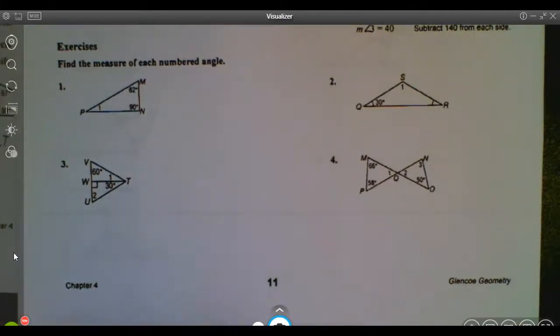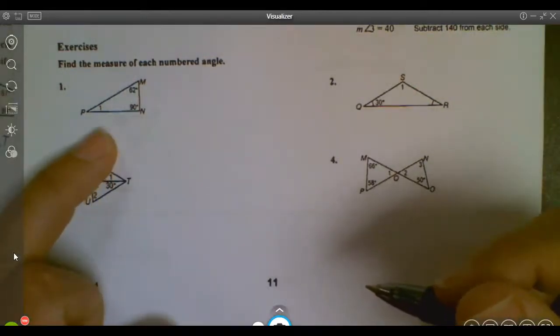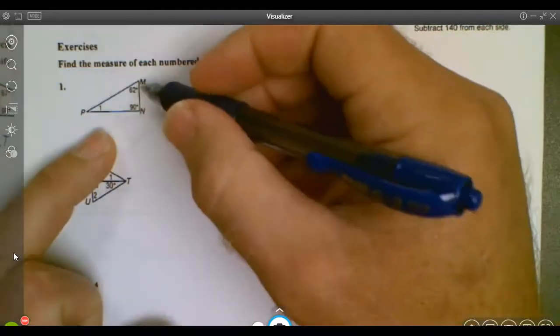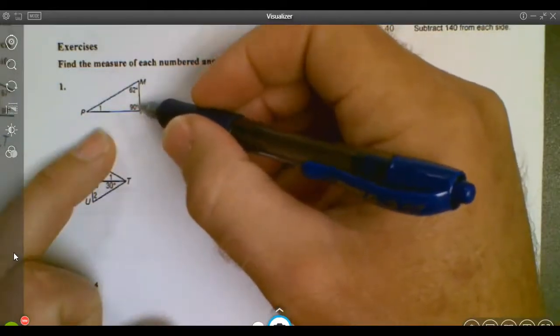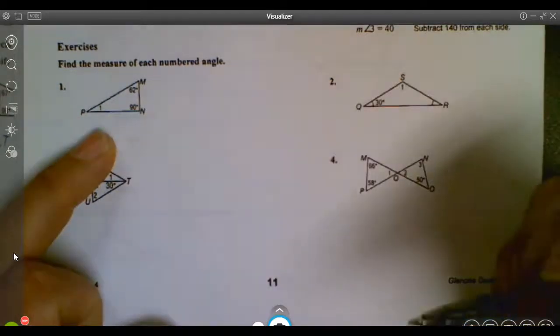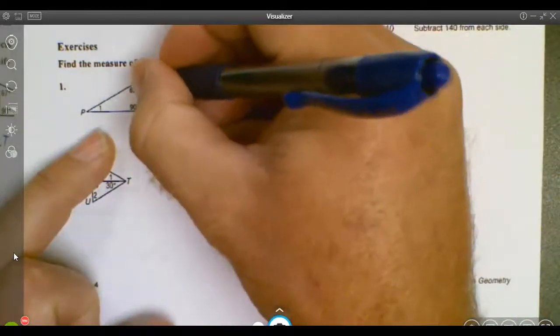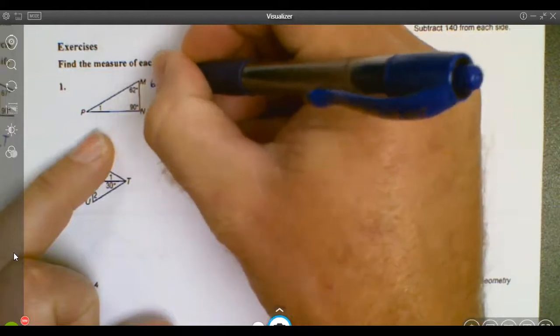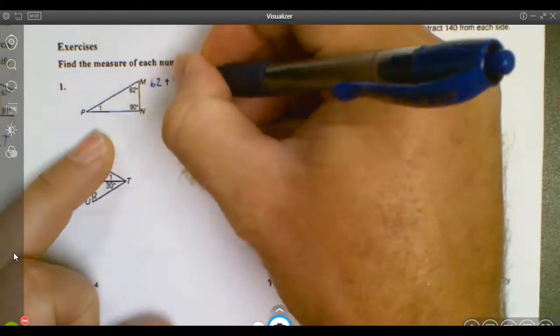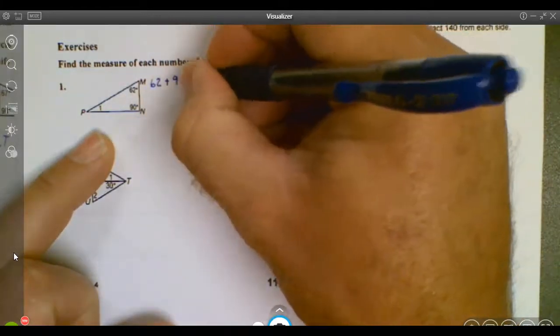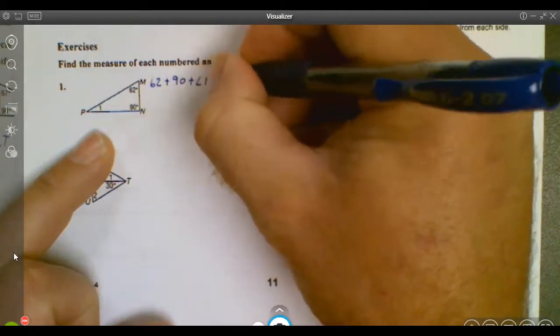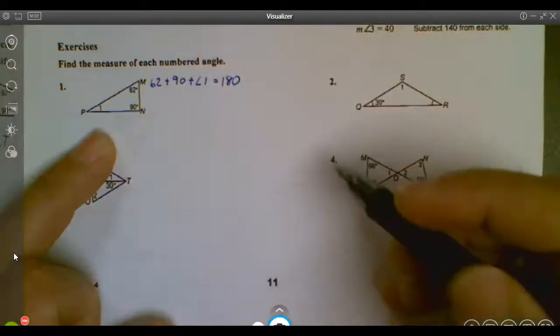So for number 1, let's just take the idea that we already know. Again, I know that my 62 plus my 90 plus whatever angle 1 is must add up to 180 degrees. So let's just write that down. So let's add up the two angles that we know.